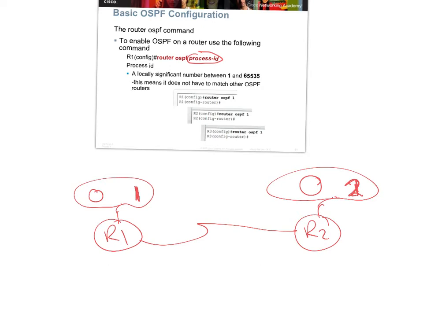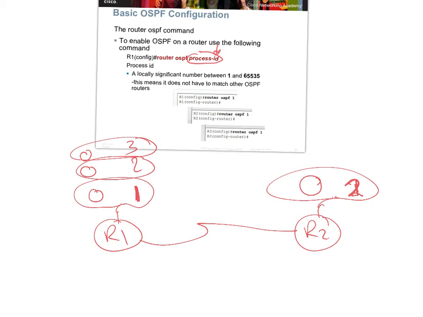Then what is the purpose of the process ID? From the name, it's a process ID, which means that I can in fact run on the same router 2 OSPF processes or 3. You will ask me, why do you do this? For parallel computation only. So the process ID has a local significance.